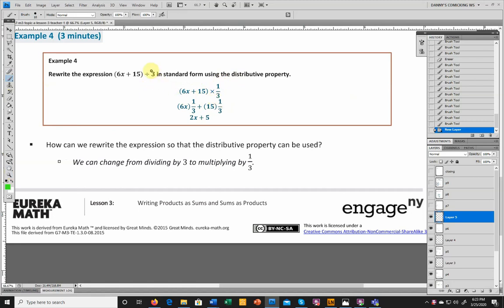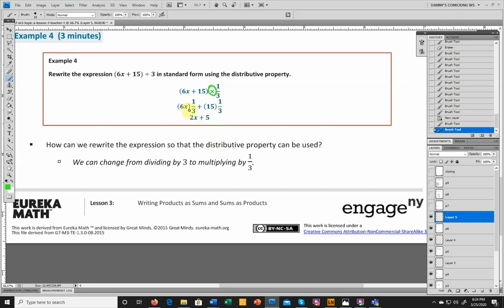Because remember, division is reverse multiplication, so it's the same thing as a fraction. So divided by 3 becomes times 1/3. So we're changing to a times, but we're doing it by a fraction, and that is the same as doing a division problem.